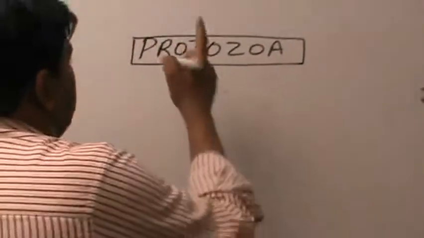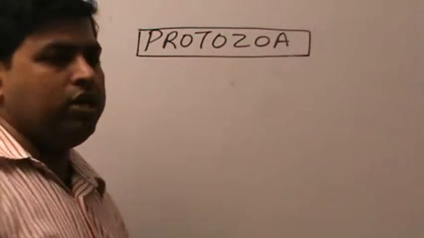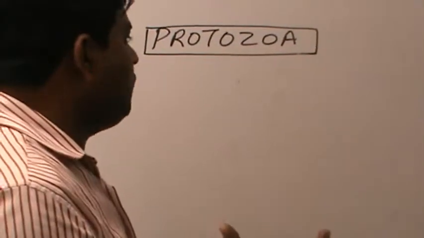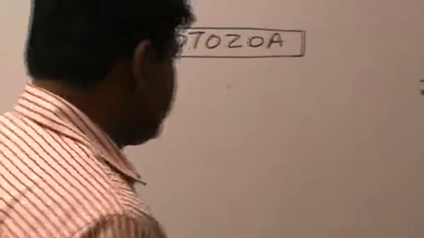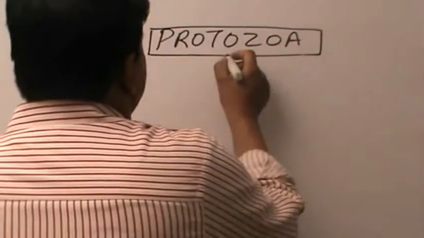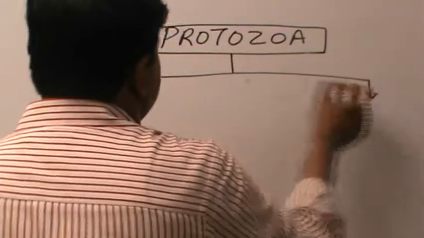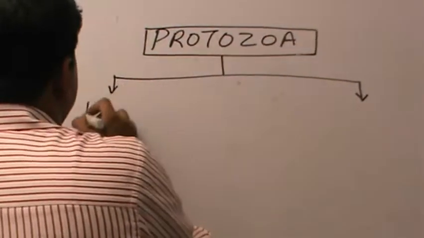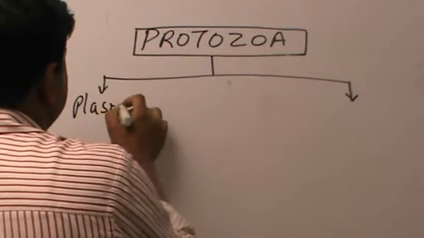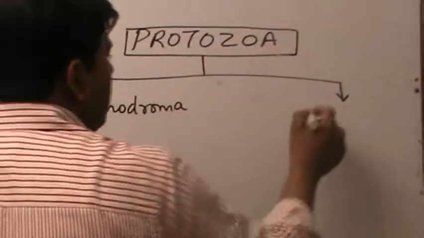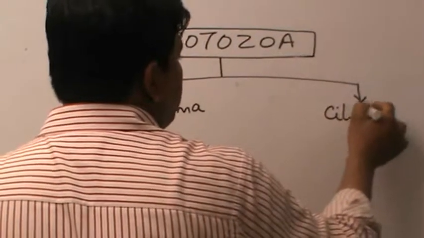So the protozoa are divided into different categories on the basis of their locomotory organelles. These are divided into subphylum Plasmodroma and Celiophora.